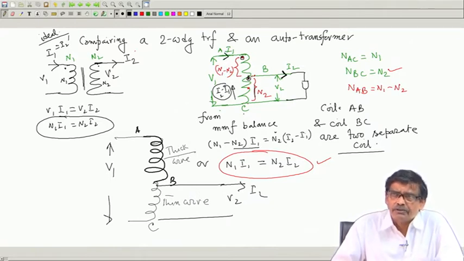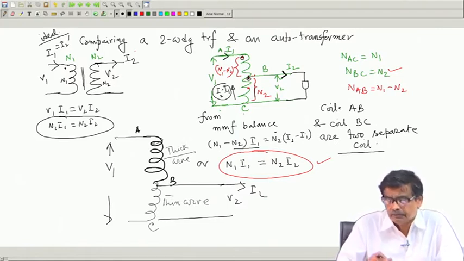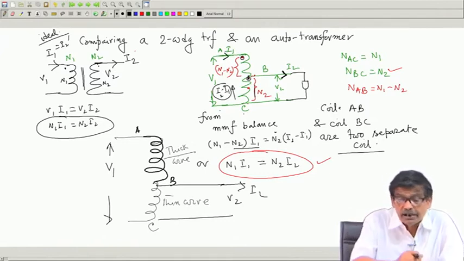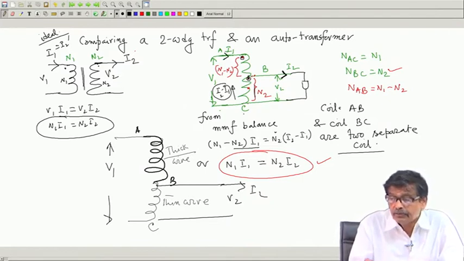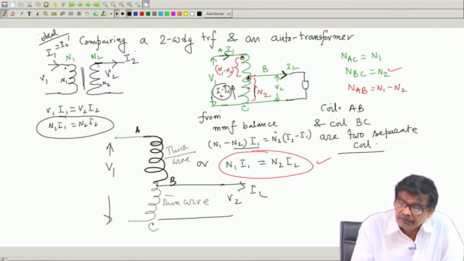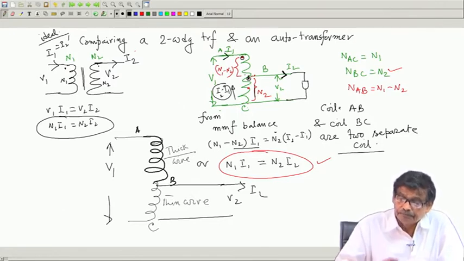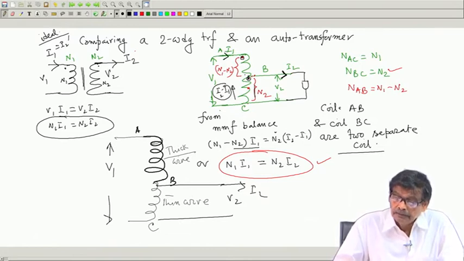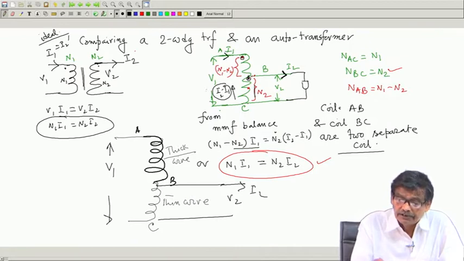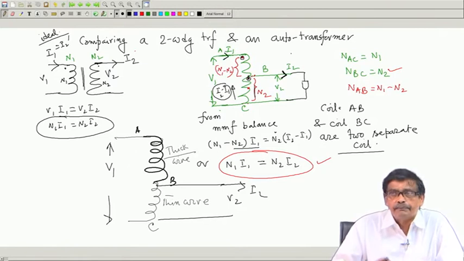I am considering an ideal transformer; let us neglect the negligible no load current to understand the major thing, how an auto transformer is distinguished from a two winding transformer. If I 2 current flows, then I 1 current must be drawn in, and therefore this is I 2 minus I 1. Once again I have applied voltage V 1 at some frequency, therefore flux level in the core will remain same.